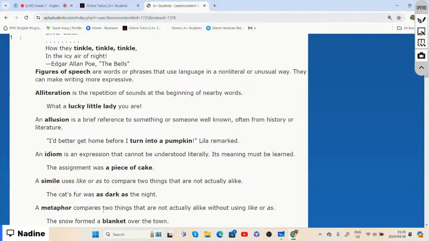I am expressing it, but not directly in a literal way. Like when we say love is in the air, it's a figure of speech. It's figurative. It's not a literal thing where we are showing that love is floating in the air. That is just an example that I could think of now.